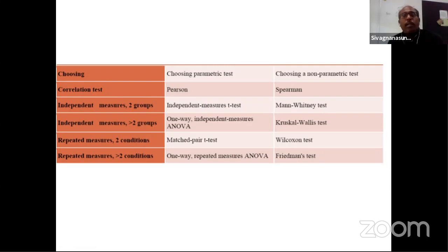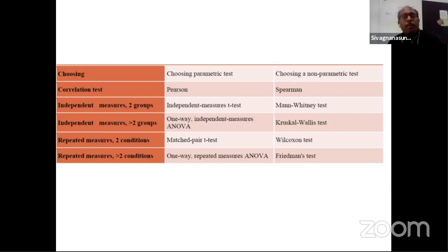Similarly, when you compare more than two groups, where we used one-way ANOVA, here we have the Kruskal-Wallis test. And if the data is coming from the same sample over a period of time, we use the paired t-test; in case of non-parametric, the test we use is the Wilcoxon test.